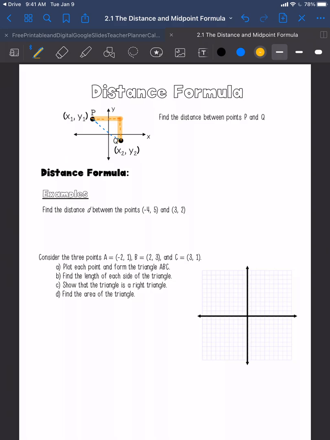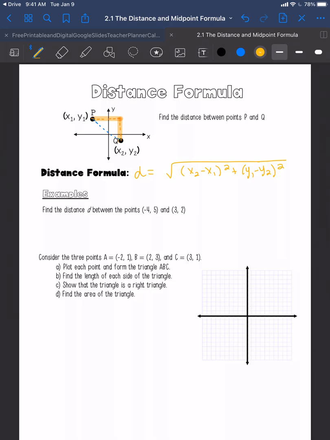So the formula we are going to use is distance equals the square root of, you take x sub 2 minus x sub 1 quantity squared plus y sub 1 minus y sub 2 quantity squared, and take the square root of that. So really you're just subtracting the x coordinates, squaring them, plus subtracting the y coordinates, squaring them, and then you're going to take the square root.